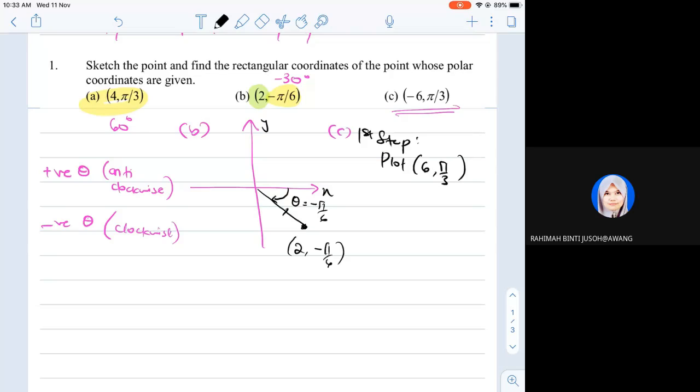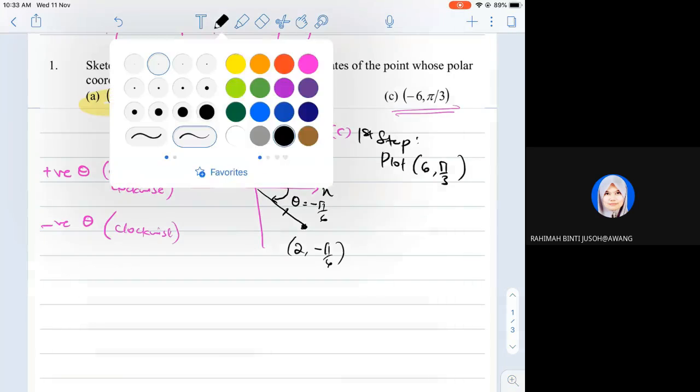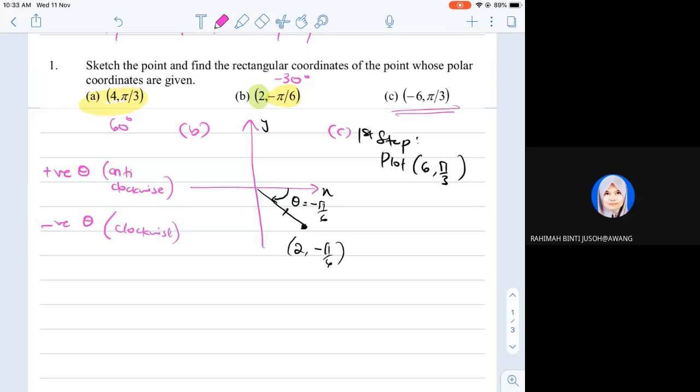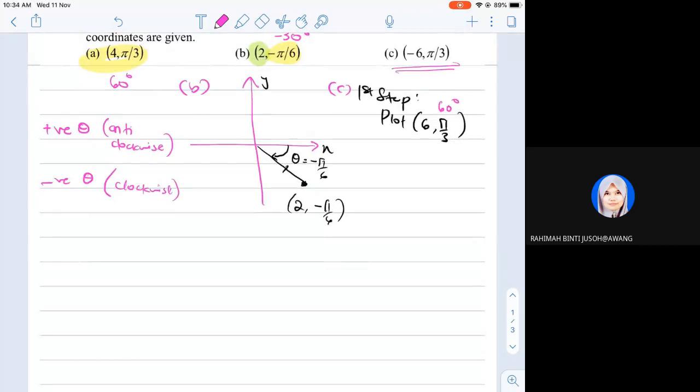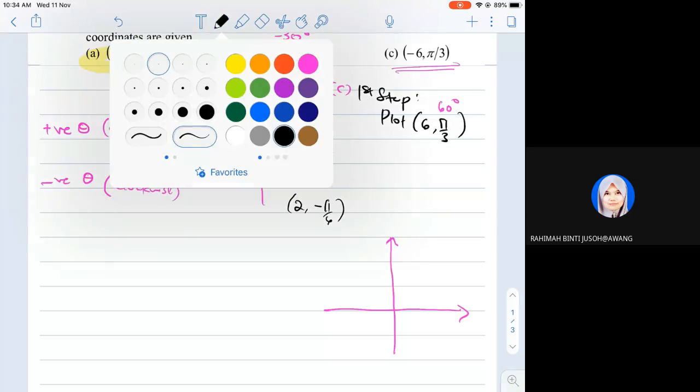Before that, pi over 3 is equal to how many degrees? 60 degrees. Good. So of course the position of the angle should be located in which quadrant? 60 degrees? First quadrant. Yes, well done.